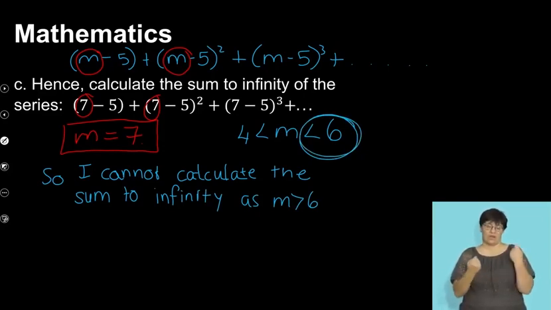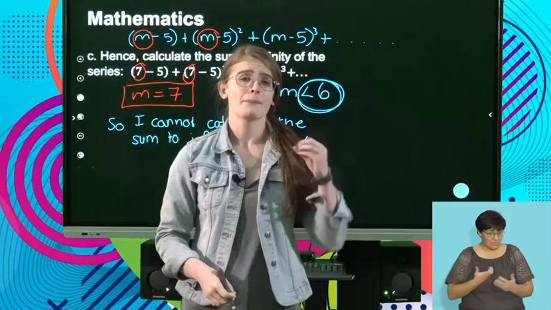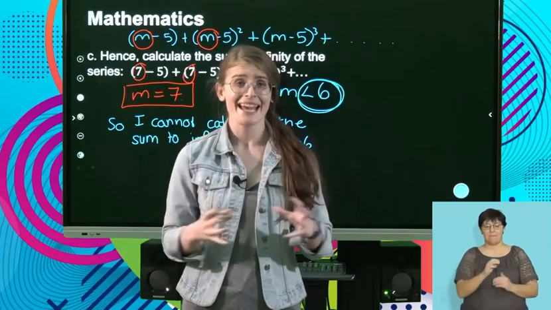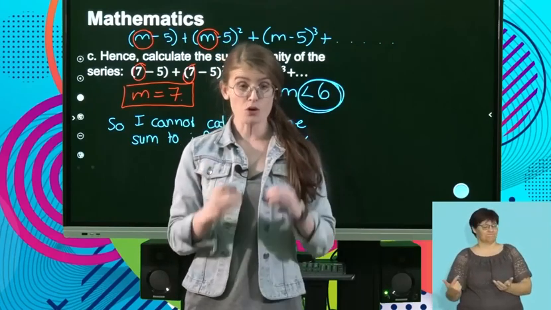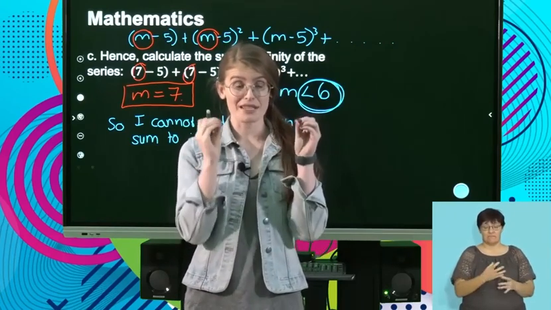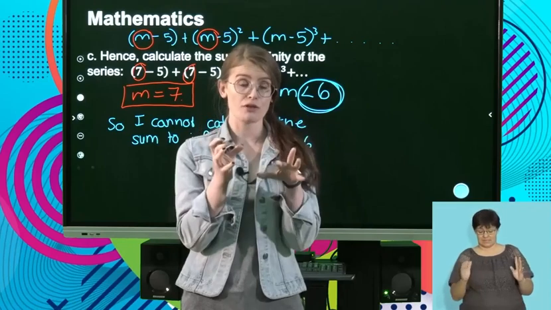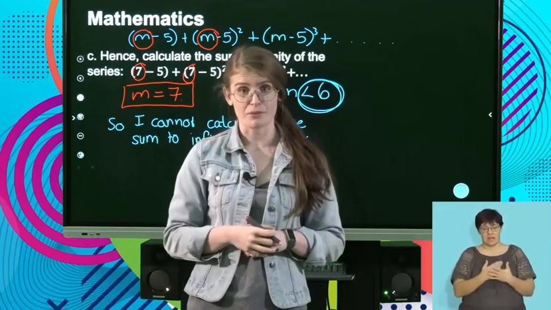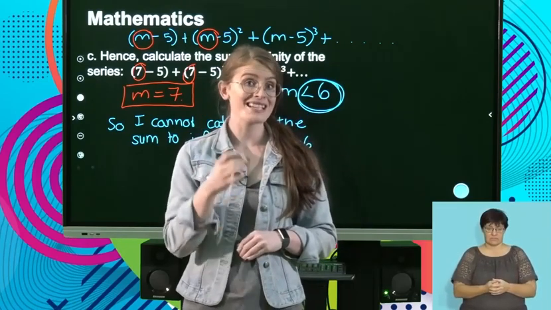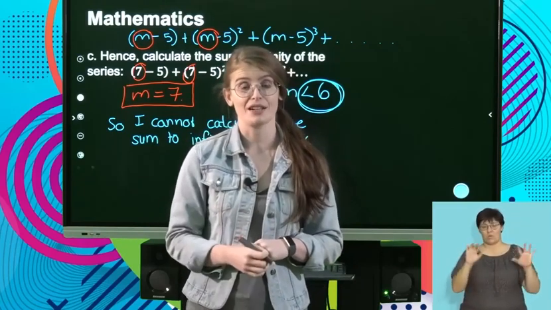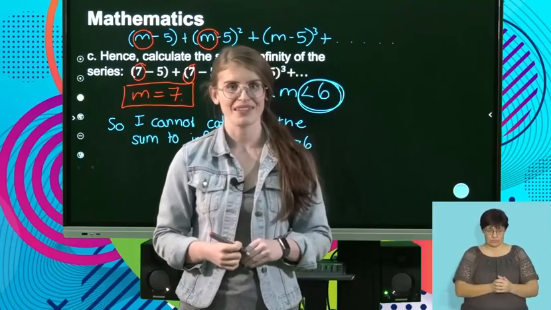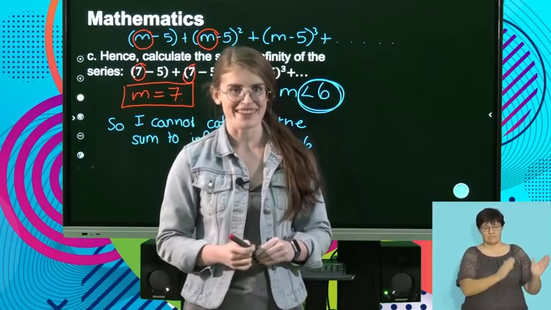I hope that everyone's comfortable with what I've done. Because m is greater than the values that m is allowed to have, m is only allowed to have a value between 4 and 6, because that means that the series converges, so I can calculate the sum to infinity. Because m is greater than that, I am not allowed to calculate the sum to infinity. Let's have a look at the next example together.